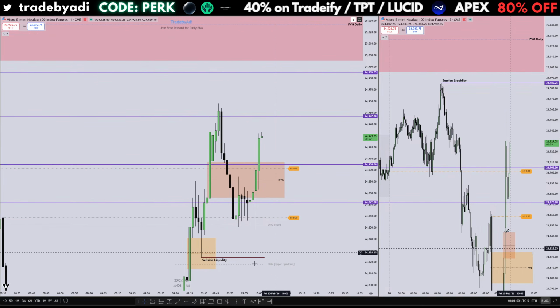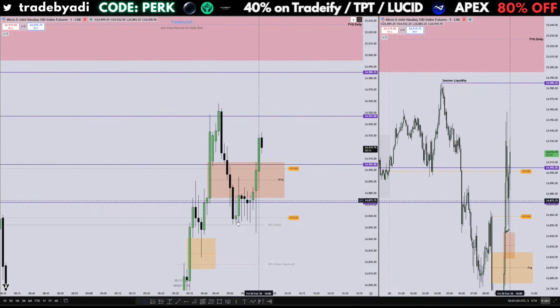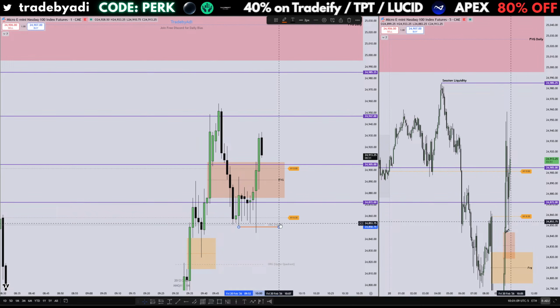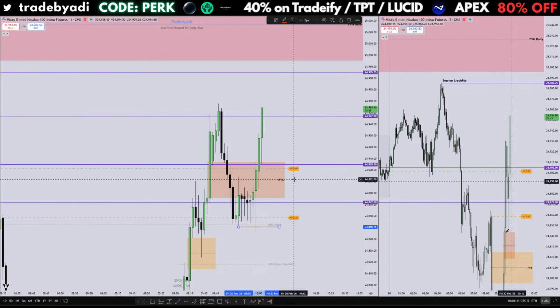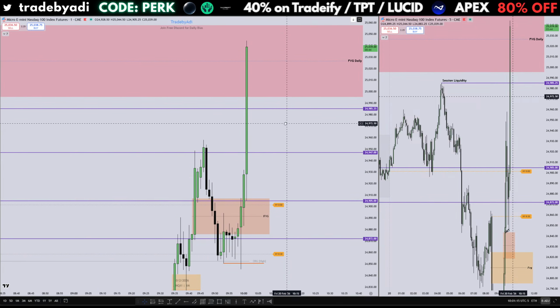So there is no minor stop run. We only have this stop run in news. We tap to the opening range gap high, and boom.